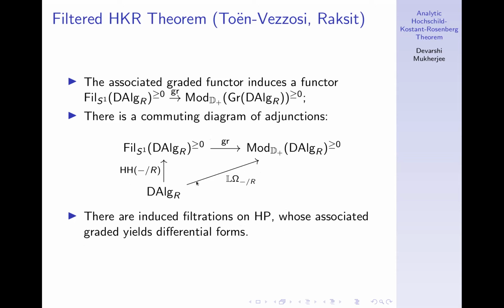And in fact, HH and this derived de Rham complex are kind of defined by the adjunctions. There is a functor going from this mod D plus D alg or filtered S1 simplicial. You basically forget all your structure and just get something simplicial. And this is the left adjoint to that functor. And similarly, this is the left adjoint to the functor that forgets everything over here.